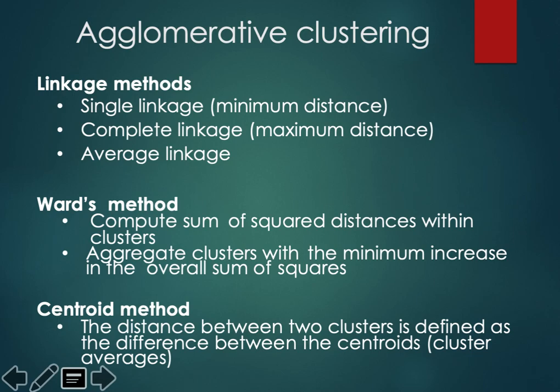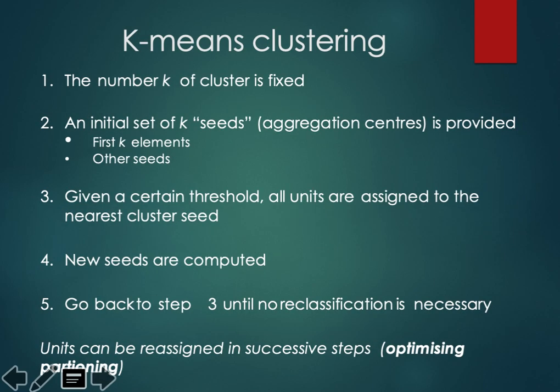Next, we have k-means clustering. Basically, the number k of clusters is fixed. An initial set of k seeds is provided, the first k elements as seeds. Given a certain threshold, all units are assigned to the nearest cluster seed. New seeds are then computed.